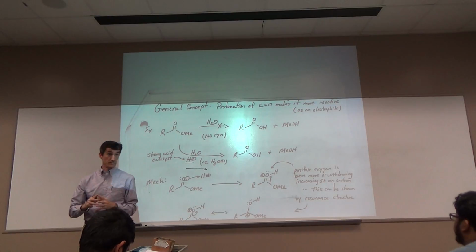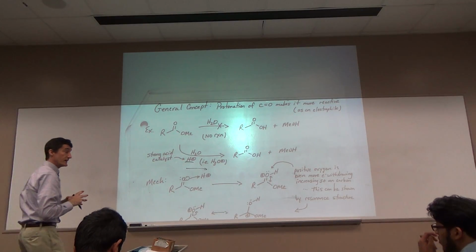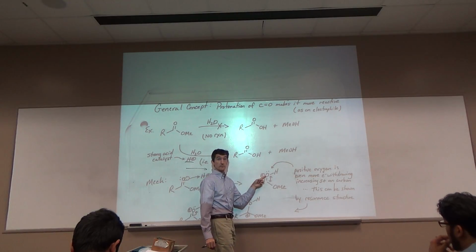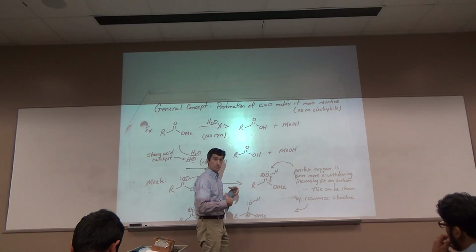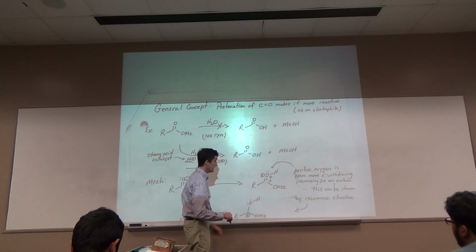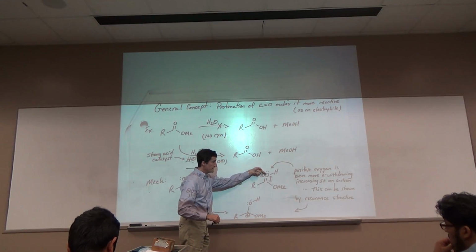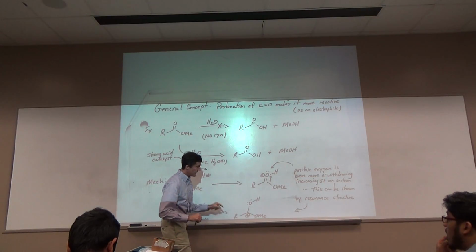We've made it mad. We've made this electronegative oxygen mad. It's like, hey, I need some electrons. So it's going to pull more on this pi bond, which is polarizable. Okay? We made the oxygen more electron demanding. It pulls more and it generates more partial positive.